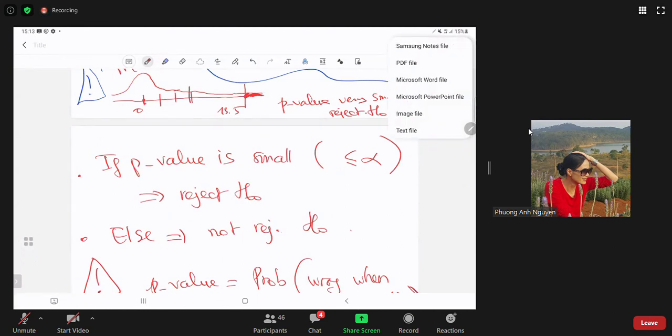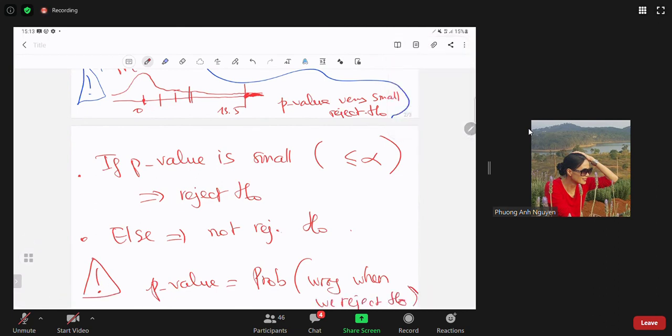To summarize, we have ways to test a hypothesis. For a two-tailed test, you can use the confidence interval. The two other methods are, first, to use the test statistic and compare it with the critical value, and the last method is to use the p-value.